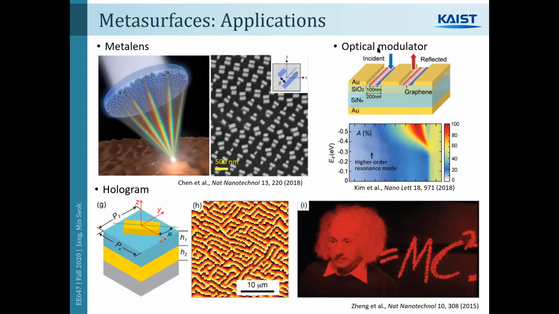And you can also do optical modulation. By using this extremely thin metasurface and an electro-optic material, you can change the properties of the metasurface in situ, so you can turn on and off the reflection from the metasurface. Okay, so there are a lot of interesting opportunities in front of these four applications.